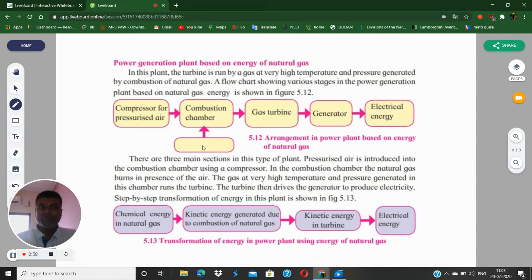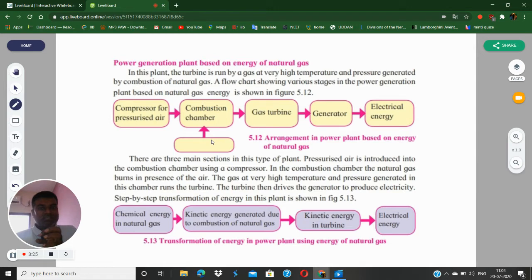But when you give an example, we take methane, because it is a special kind of fuel and it gives high energy. Methane is a very important fuel. We have used methane, that is natural gas.